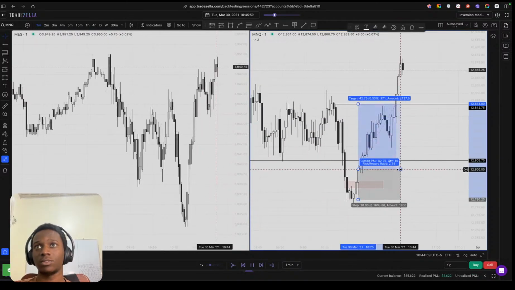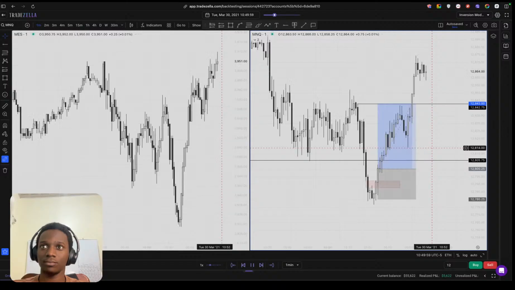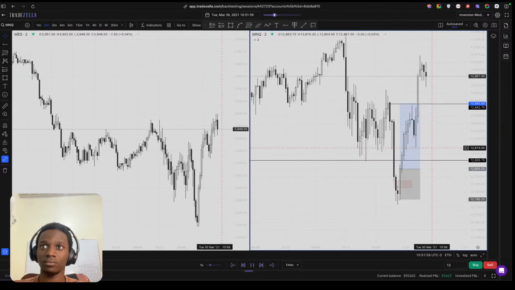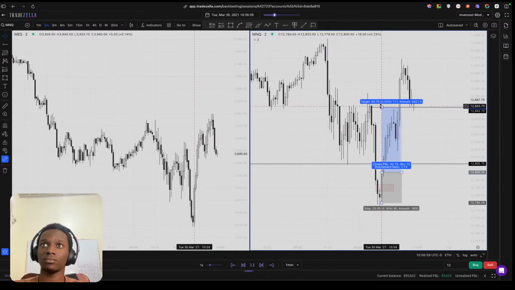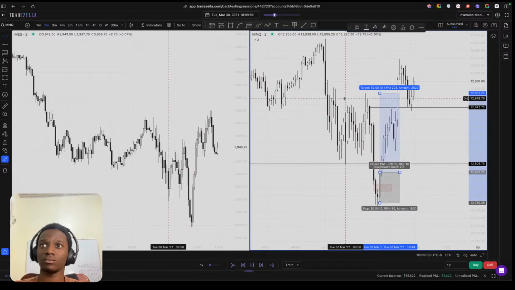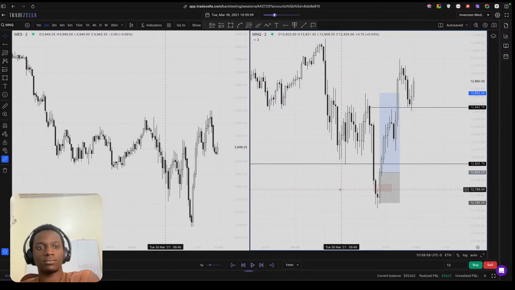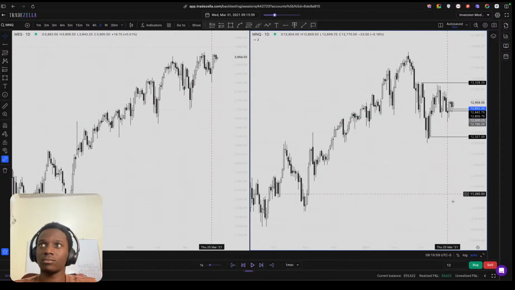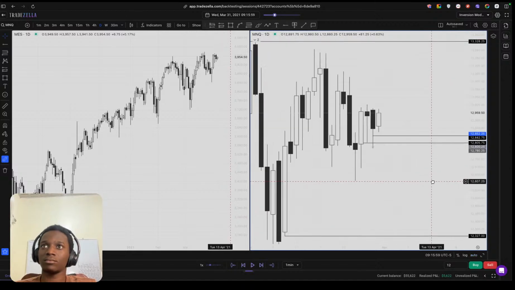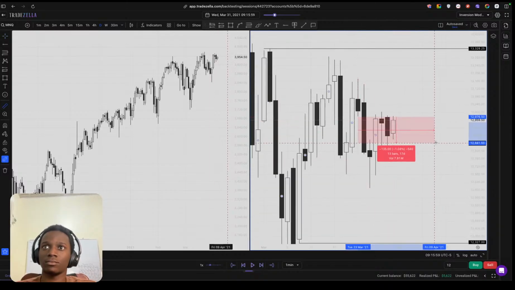Okay, very good W here. Very insane W. Price is still in this gap.